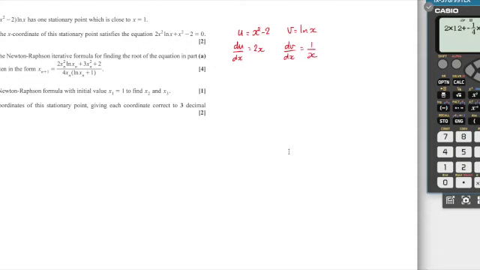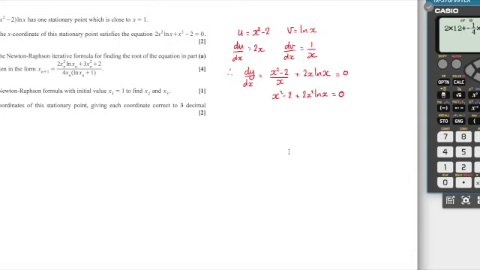So therefore, dy by dx is x squared minus 2 over x plus 2x ln x. And then, if it's a stationary point, that's going to be equal to 0. So I can then multiply through by that x, and I'm going to get x squared minus 2 plus 2x squared ln x equals 0 as required.